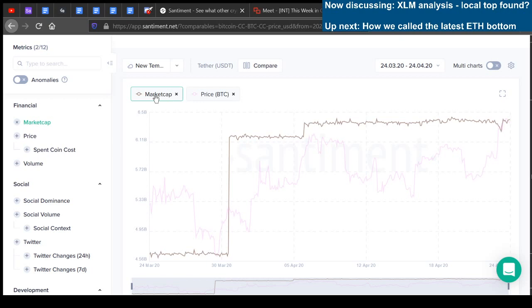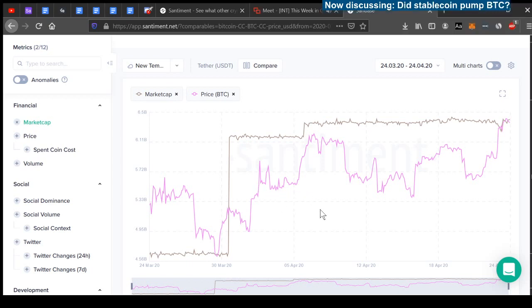This should actually be new money coming into the ecosystem, because the way Tether is created is that you need to deposit fiat funds to Bitfinex in order for Bitfinex to issue new Tether. If you sell your Bitcoin for Tether, the market cap of Tether is not going to increase.